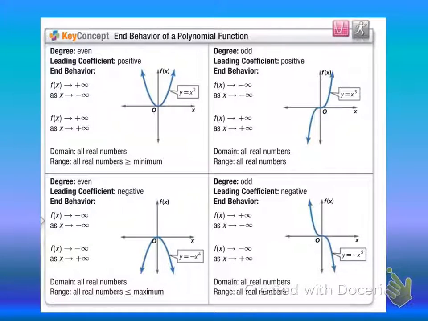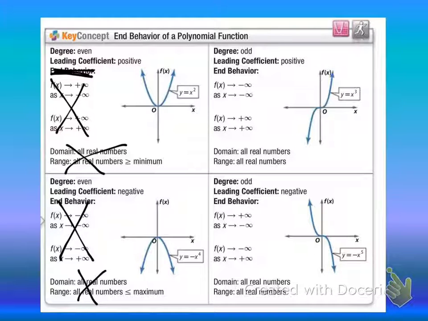Okay? Now, there are some things you don't need up here. For example, end behavior, we're going to do something completely different than what's up there. So you don't need any end behaviors, nor do you need domain and ranges. We're going to do end behavior eventually, just not the way they're doing it here.